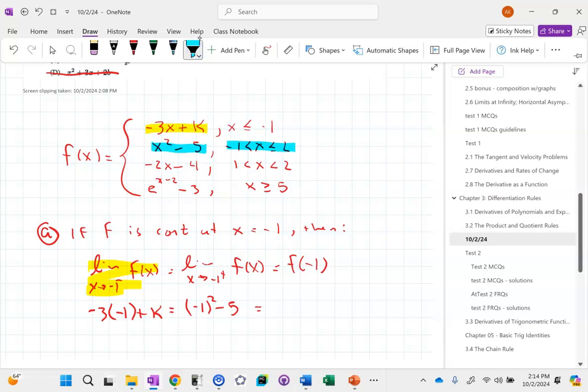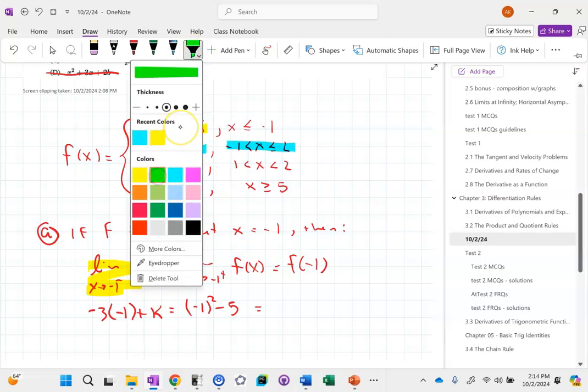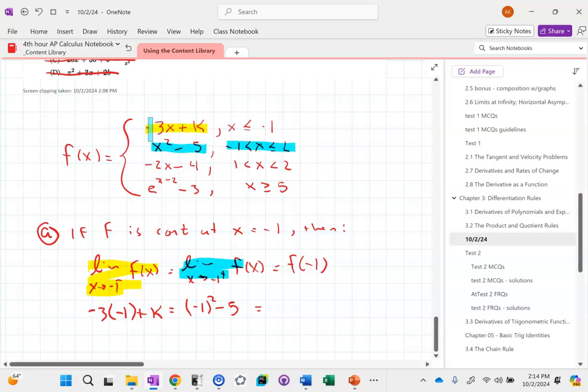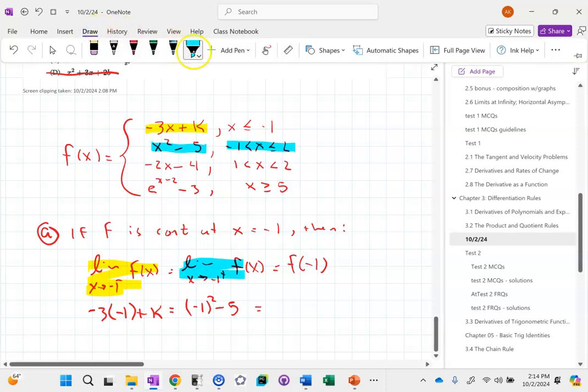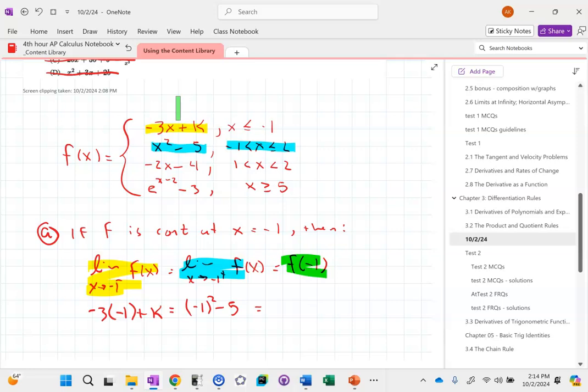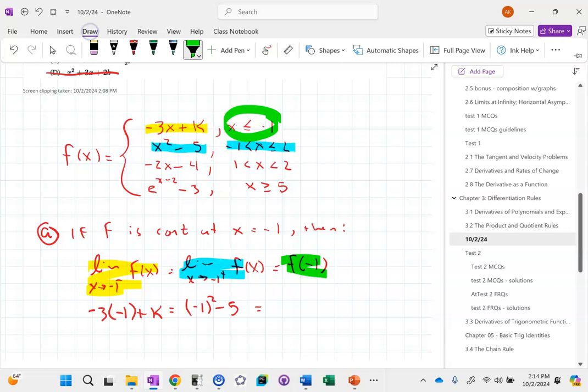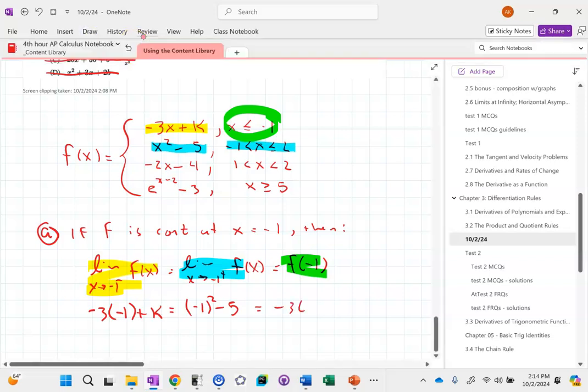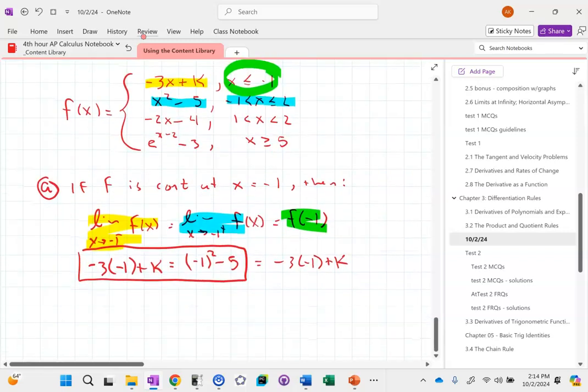And then this last part is here. So again, I just get that same thing. So this is the part that I want. So I have 3 plus k equals 1 minus 5. So 3 plus k is -4. So k would be -7.